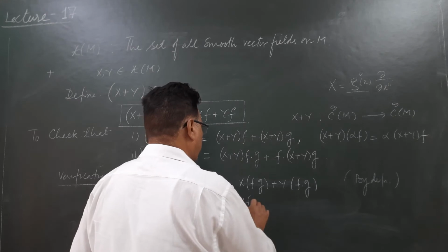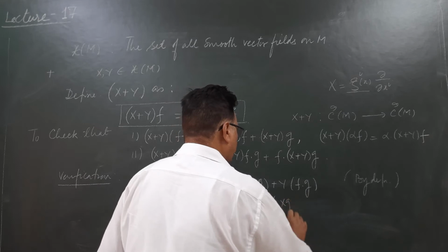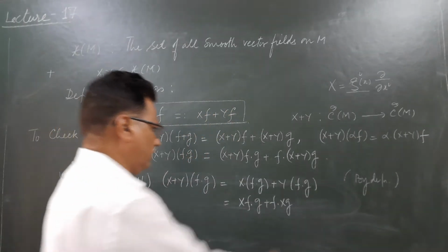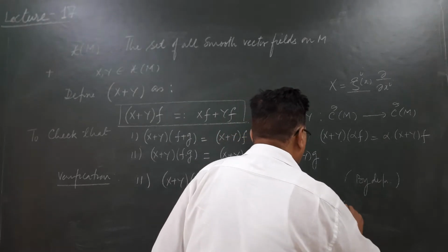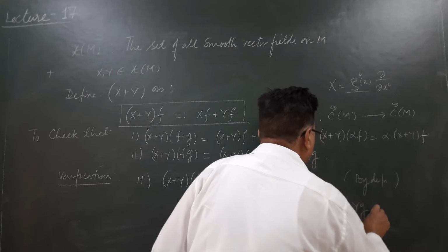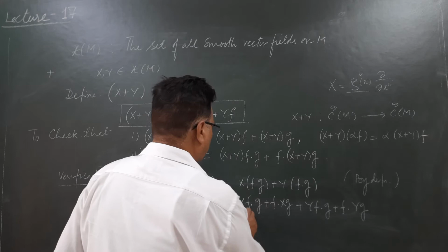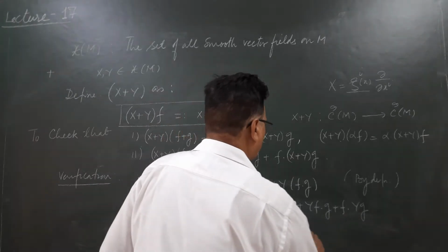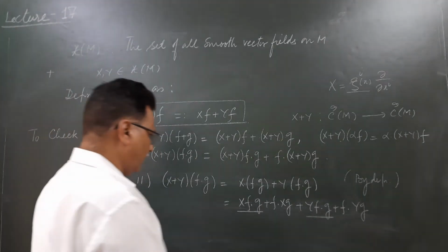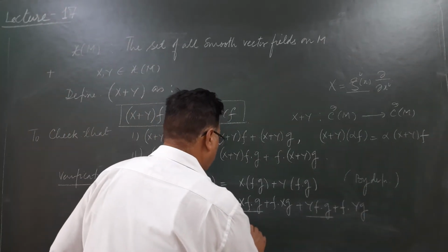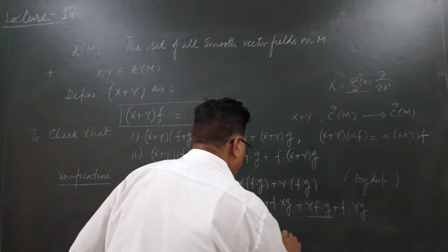So you will be having xf into g as it is plus f times x operating on g. Similarly over here, yf into g plus f times yg. Okay. So xf into g and yf into g, you write them together. So I can combine the two terms xf plus yf into g.